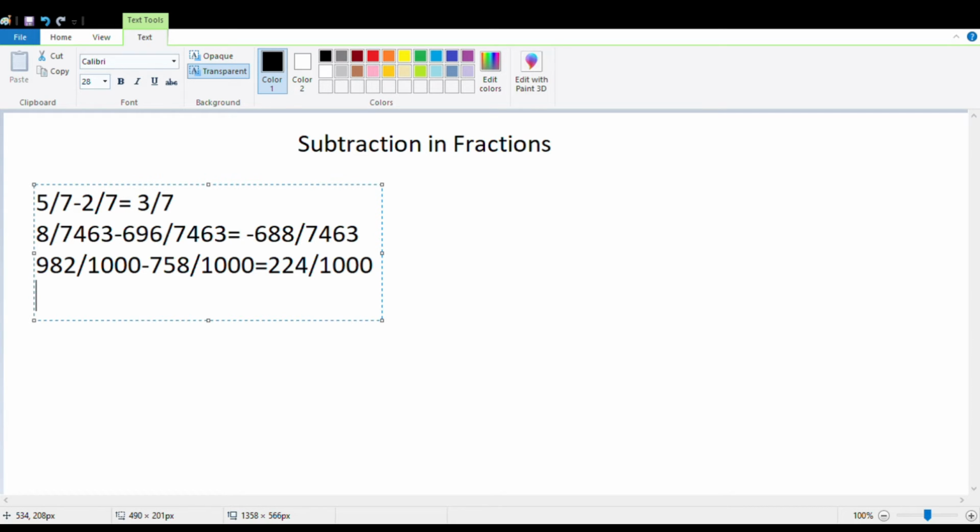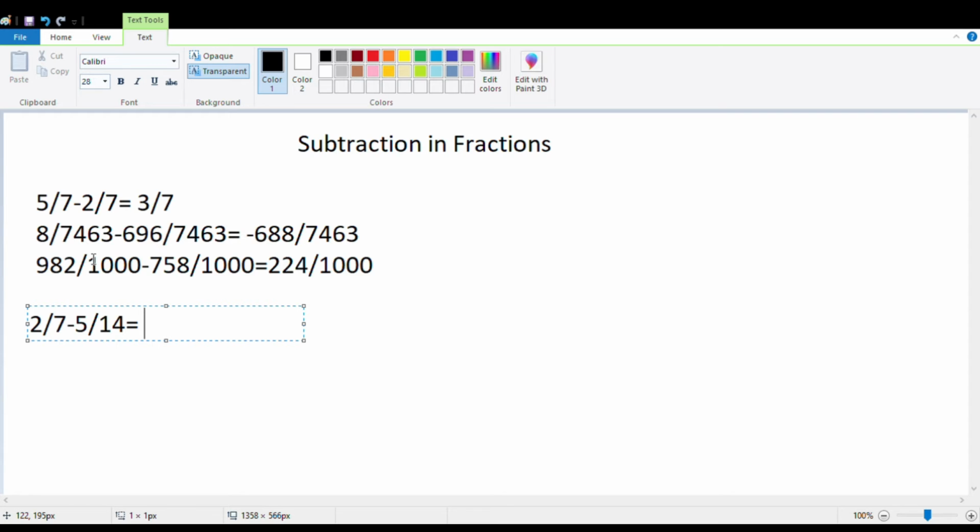Okay, let's get on with the next things. So now what about unlike fractions? The same thing applies as with addition. For example, let's take a small number, 2 by 7 subtracted by 5 by 14.